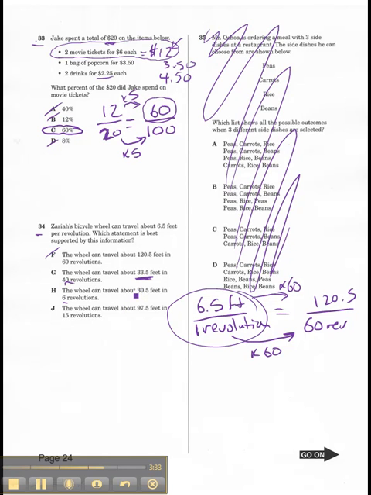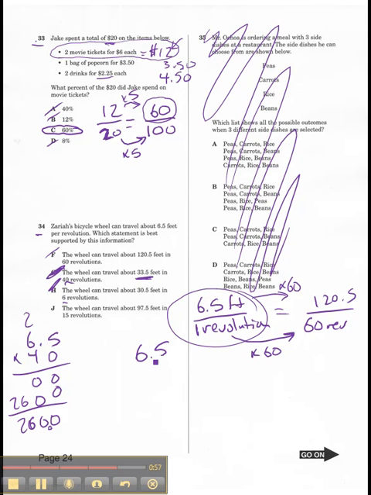You can estimate, but to be even more precise, we could do the multiplication. 6.5 feet times 40 revolutions. One decimal place, so 260. You could do that for each of these until you find the one that works. The one that works is J.